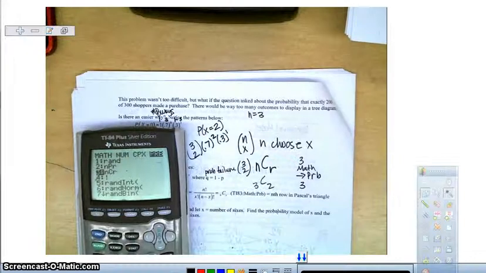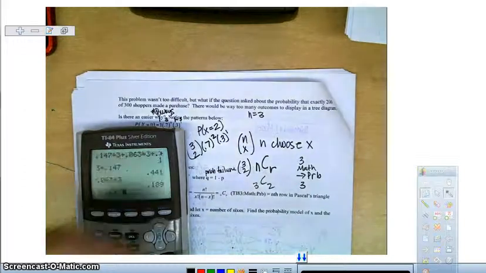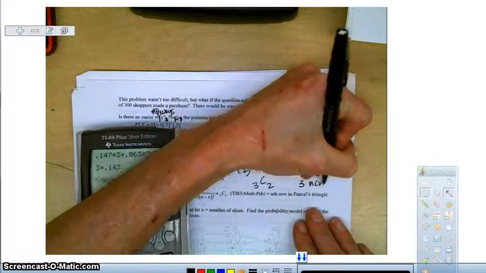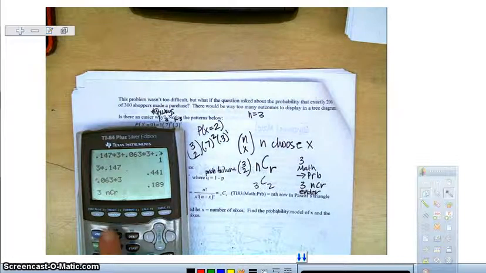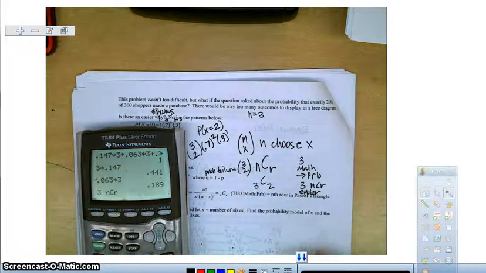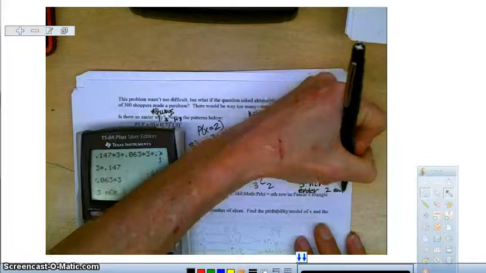Hit enter. Then it should show up here, and now you have to hit the 2 and then enter again.